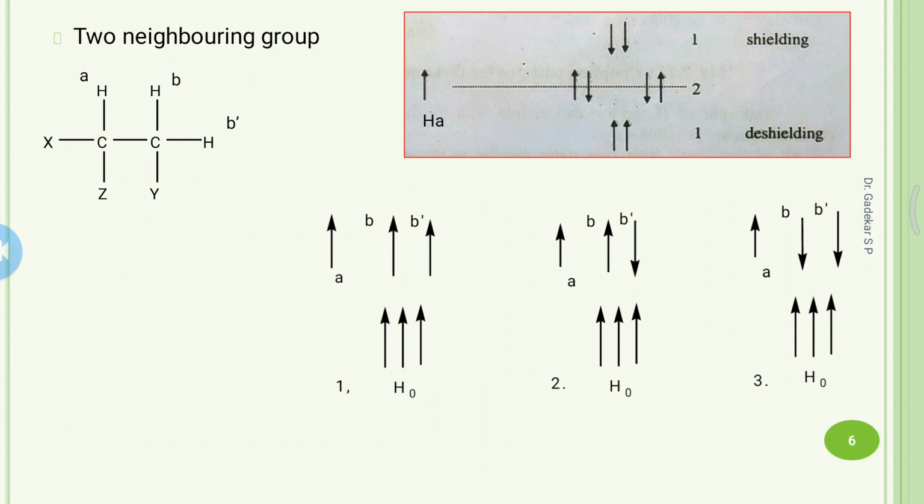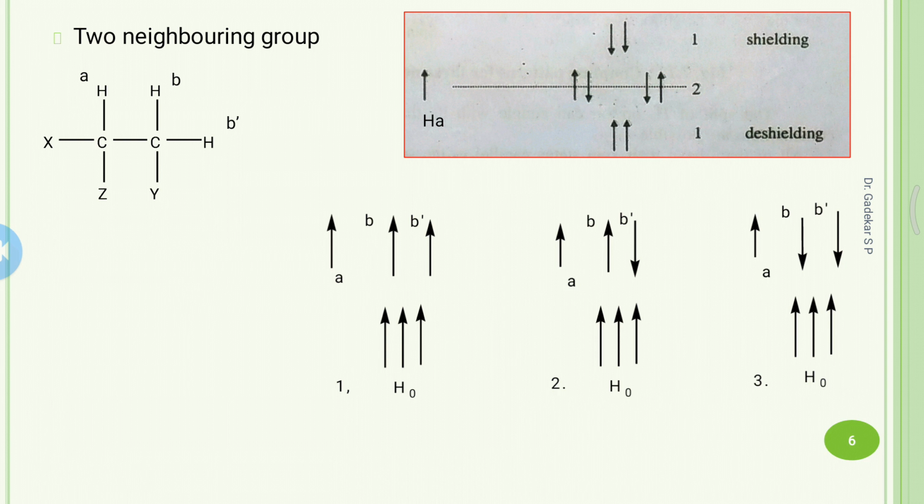A is the HA proton upfield, and this proton aligns parallel with the applied magnetic field to form de-shielding. In the second example, the HA proton upfield interacts with B. B is aligned and B dash is downward, opposite, anti-parallel.